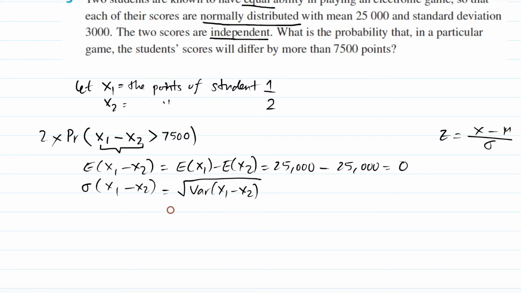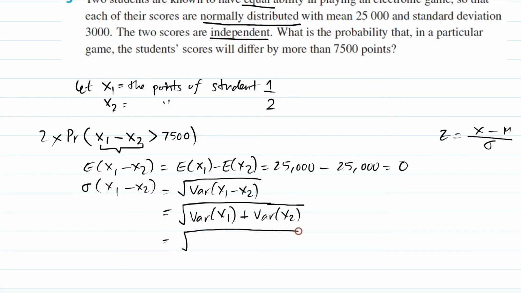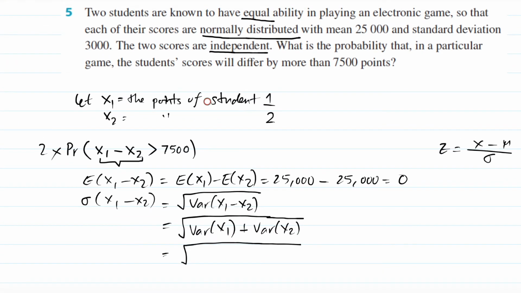Variance of x1 minus x2 is equal to variance x1, and you can split them, variance x2, but of course when you're dealing with variance, every negative sign becomes positive. So you get variance x1 plus variance x2. And in our case, because they're the same students, variance x1 and variance x2 should be the same, and we are given the standard deviation for your points.